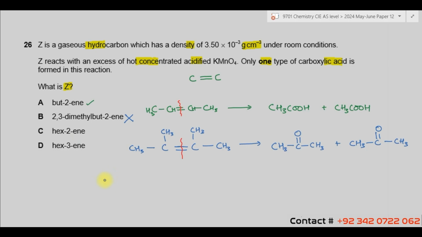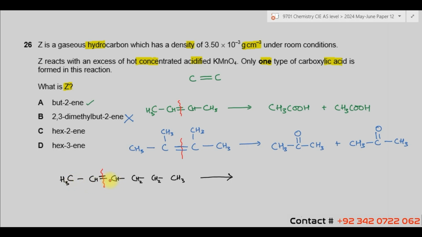Now hex means we have 6 carbons. 2-ene is again double bond between second and third carbon. This is an unsymmetrical molecule, so products will be different. Let's do bond cleavage. Carbon is bonded to a hydrogen and alkyl group, so it will become carboxylic acid.